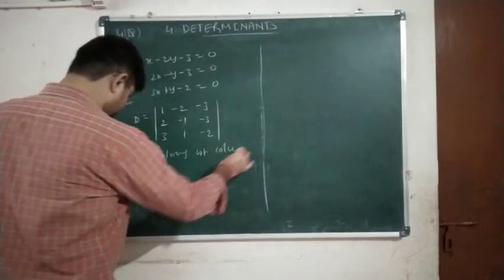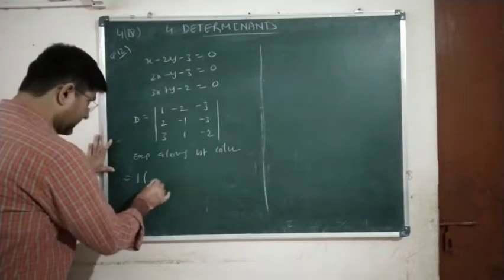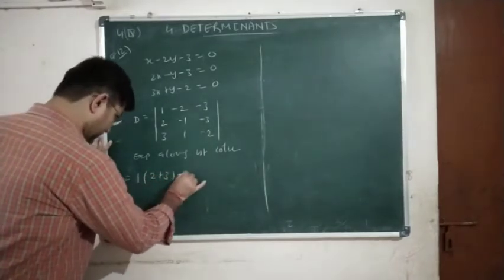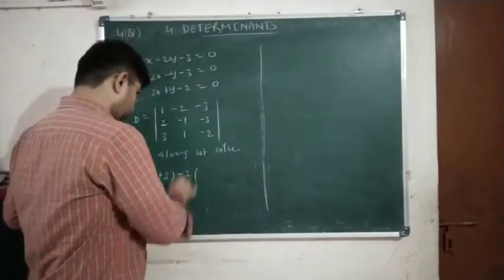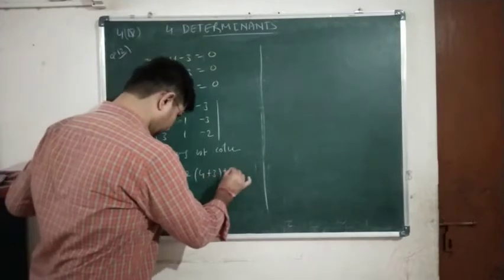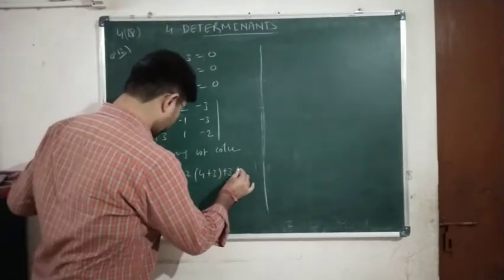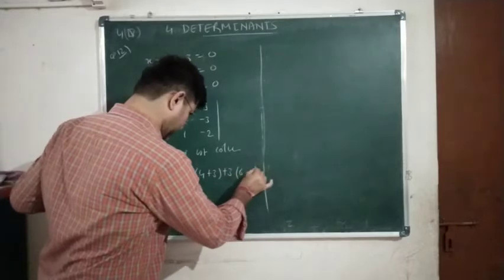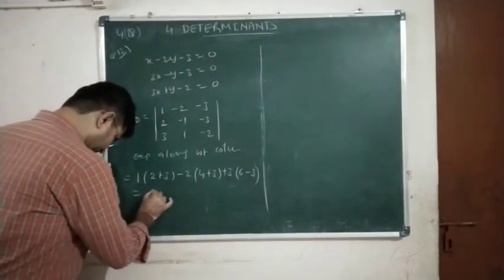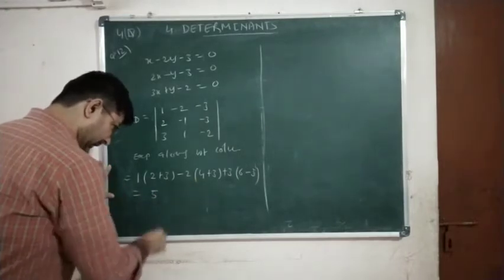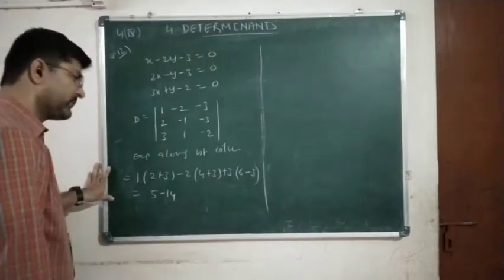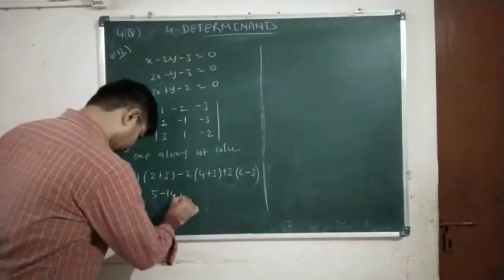first column. Okay, so 1 into 2 ones are 2 plus 3, minus 2 into 2 twos are 4 plus 3, plus 3 into 3 twos are 6 minus 3. Okay, so 2 plus 3, 5. 5 ones are 5. 7 2s are minus 14 and 6 minus 3 will be 3. 3 3s are 9.